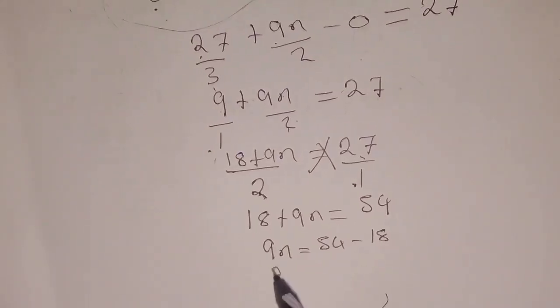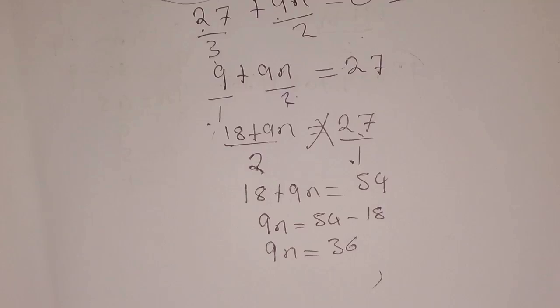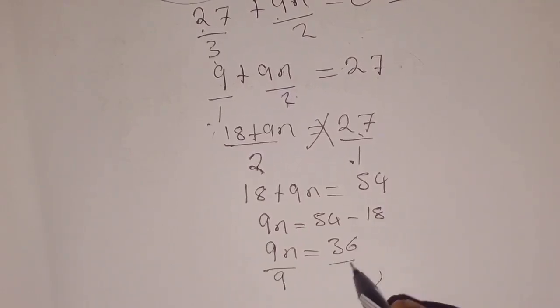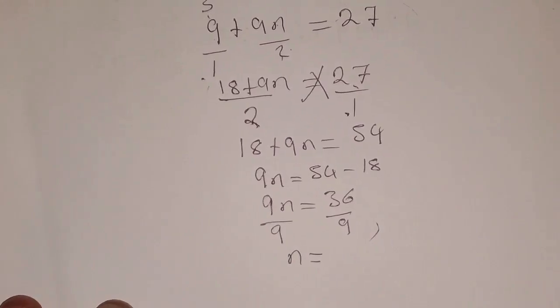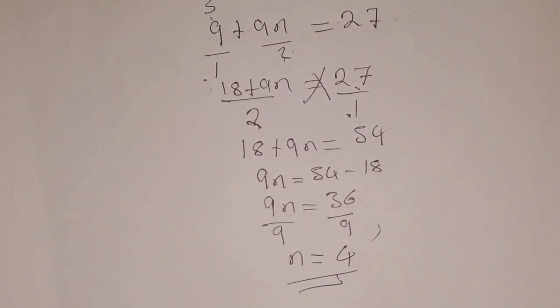So we have 9n is equal to 36. Then we make n the subject by dividing both sides by 9. Hence n is equal to 36 divided by 9, which is 4. So this is the value of n, and this is how we can find the value of n.